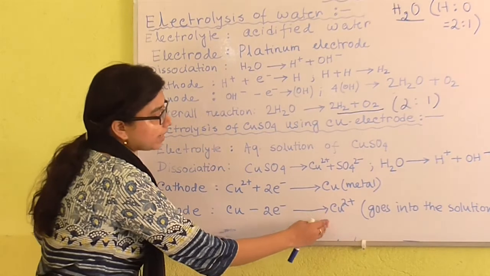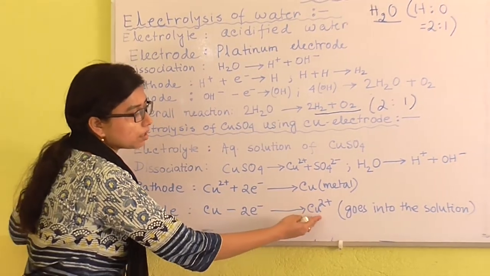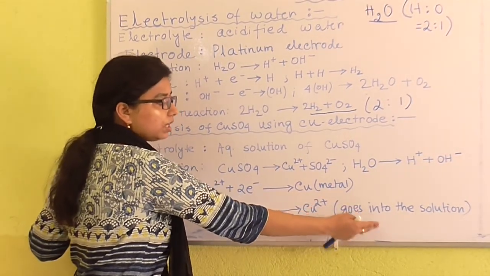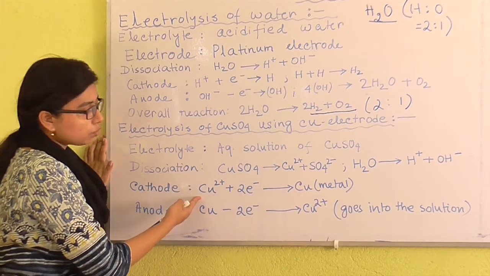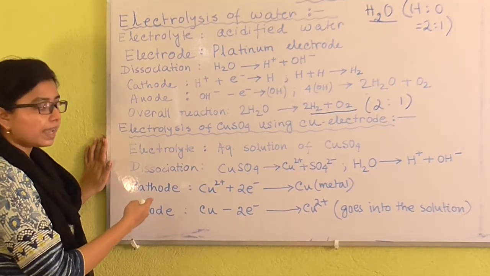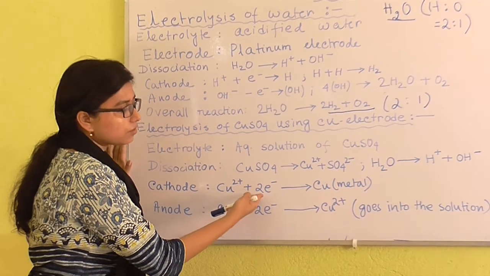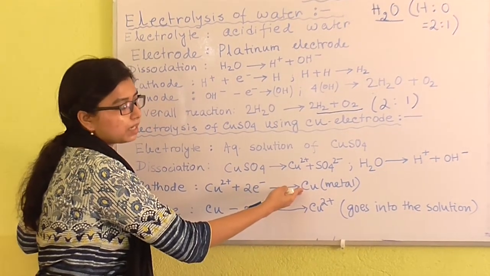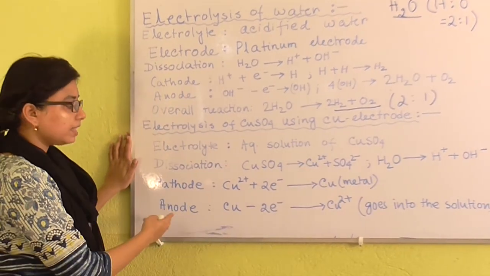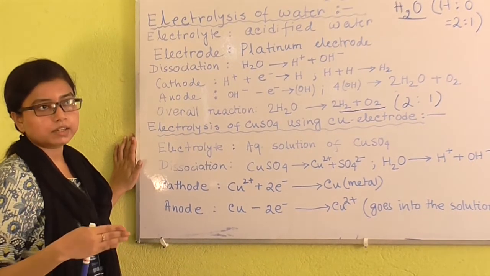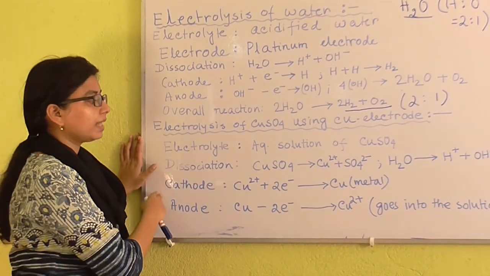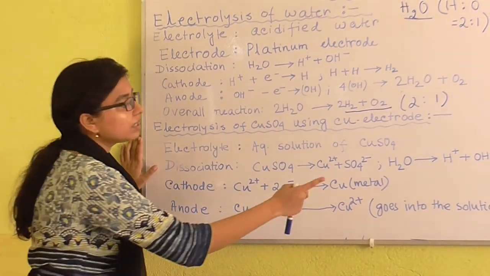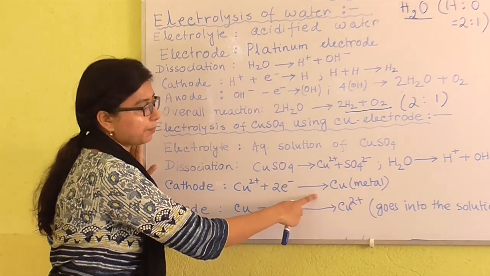Finally, this Cu2+ will go into the solution, and that Cu2+ will move to the cathode accepting 2 electrons. It will form copper metal. So finally we can see the weight of the anode is decreasing and the weight of the cathode is increasing due to the deposition of the copper metal.